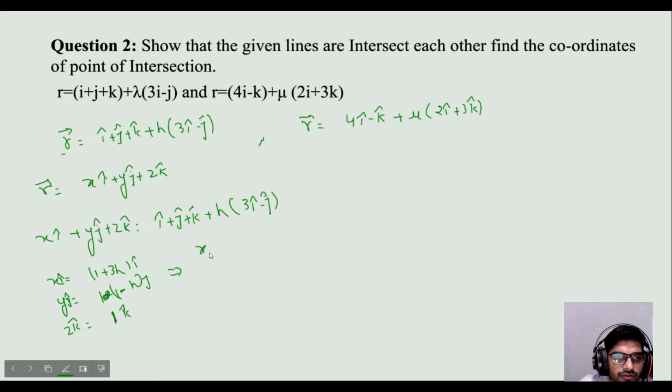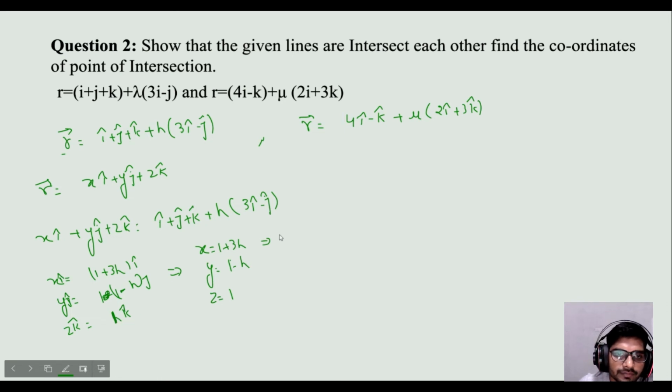So this will give x equals 1 plus 3 lambda, y equals 1 minus lambda, and z equals 1.